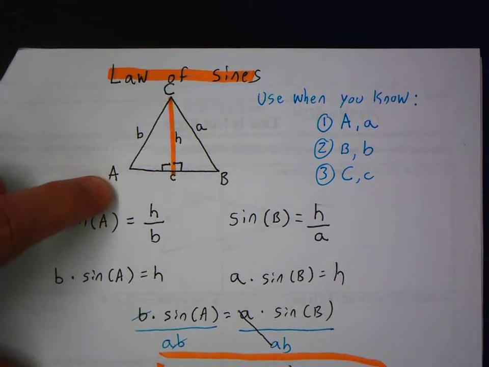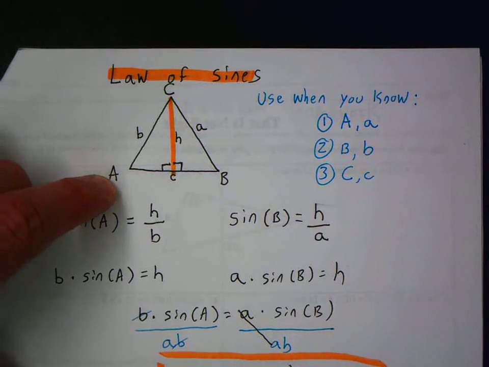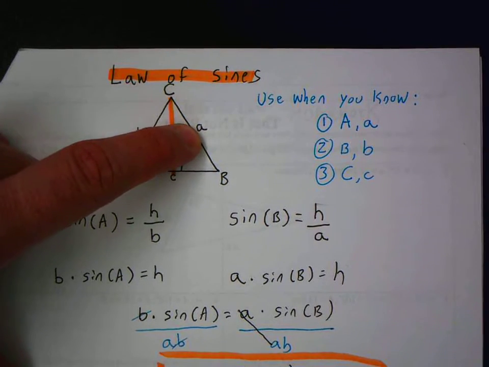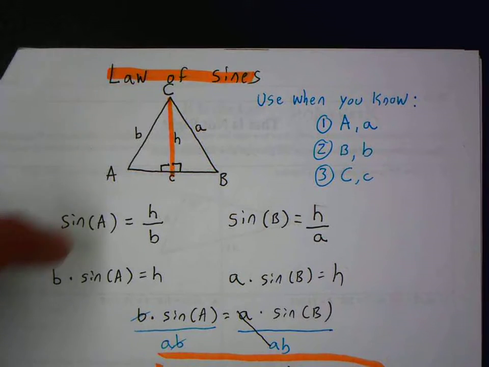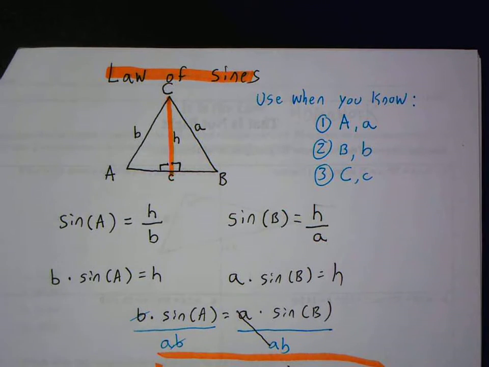In other words, you know the angle A and the side across from it. Or you know angle B and the side across from it. So if you're looking at a triangle and you see an angle with the side across from it, you're going to use law of sines.